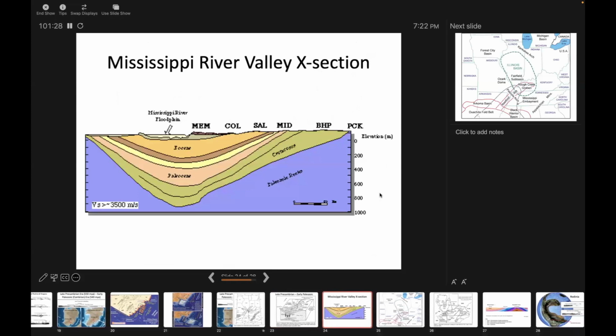Here you can see the drop in elevation. Here's Memphis on top of the Bluff Hills ecoregion, represented by the abbreviation MEM. You can see the Mississippi River by this little notch right there. And then look down below that.